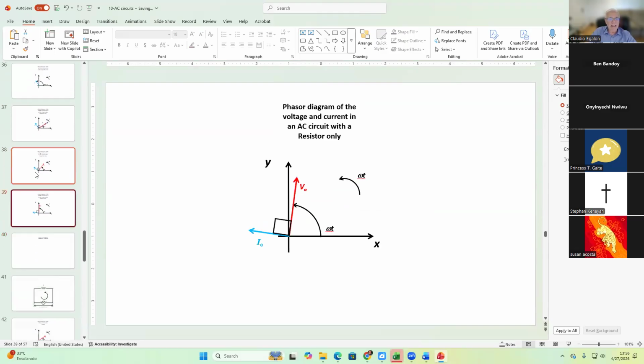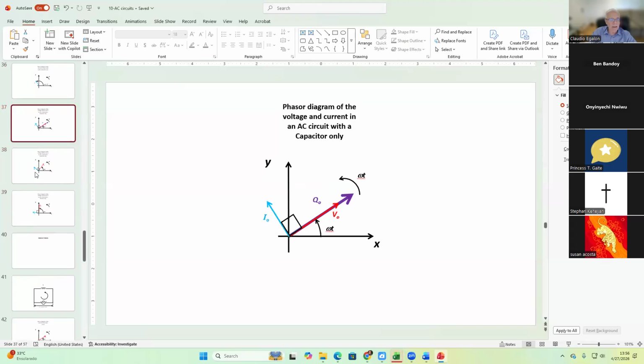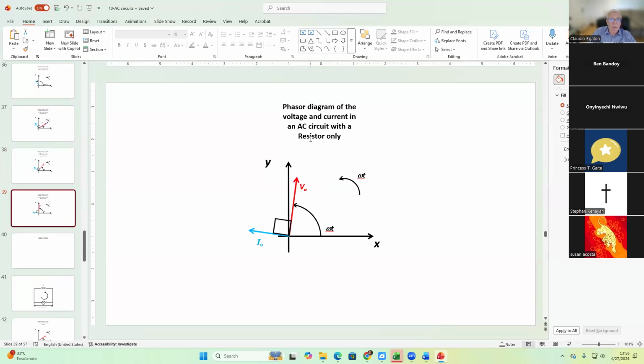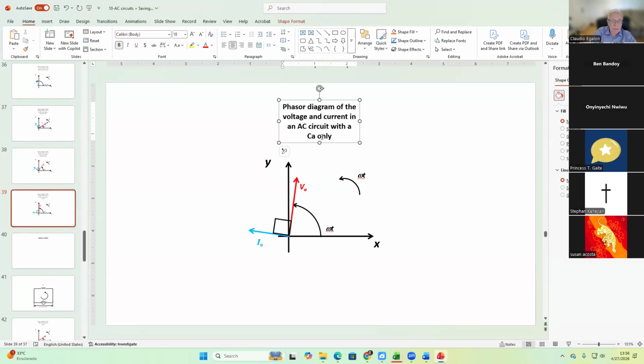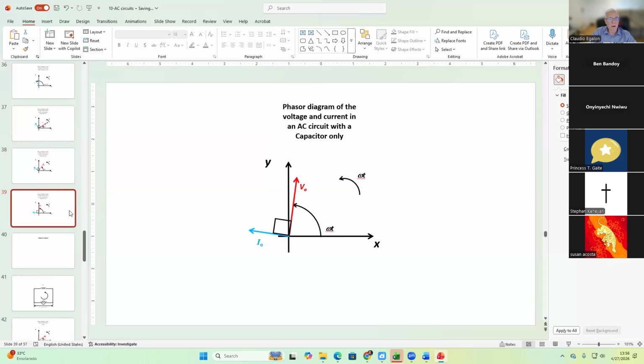See that? That's exactly how it looked in real time. I put a resistor here. It's not a resistor, it's a capacitor. This is exactly what you're supposed to see when we animate the whole thing. It is rotating as time goes by.